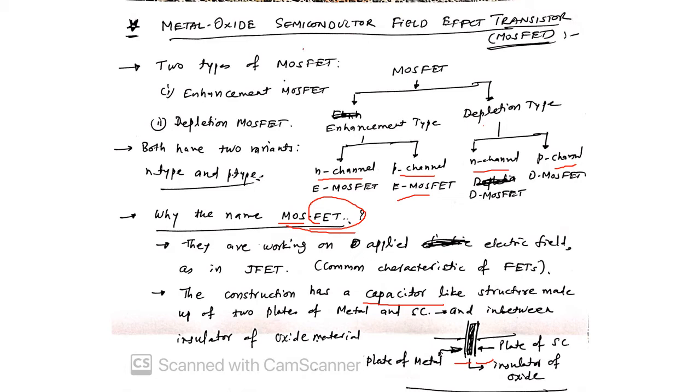So that's how this works as a capacitor. So the common thing in all these types of field effect transistors is that a metal oxide semiconductor type of capacitive construction is there. That is one more common thing, and why they are called MOSFET. We will see in detail what this is.